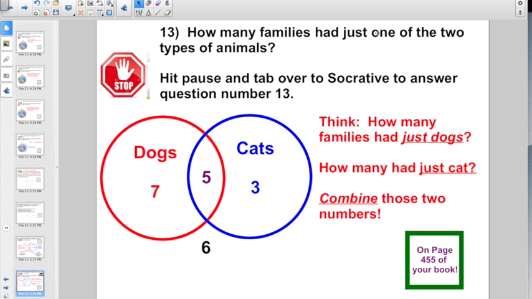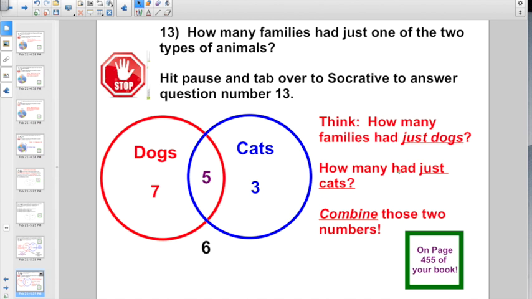How many families had just one of the 2 types of animals? The 2 types of animals would either be dogs or cats, right? And you got to do a little bit of thinking here. How many families had just dogs? How many families had just cats?